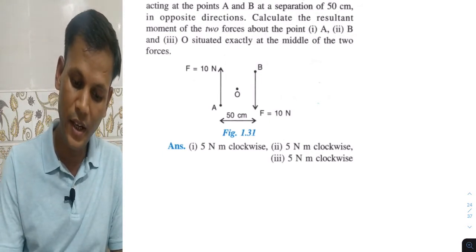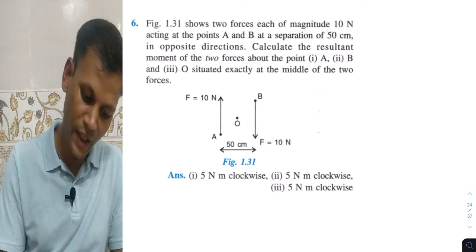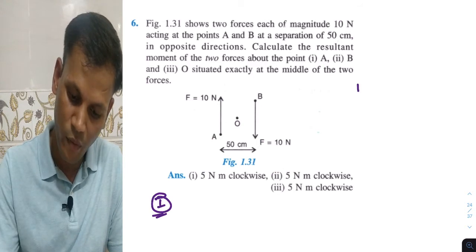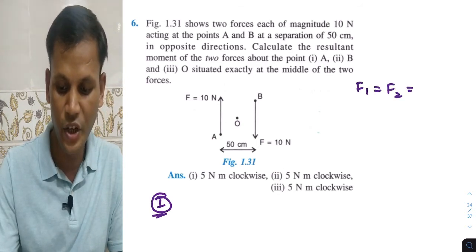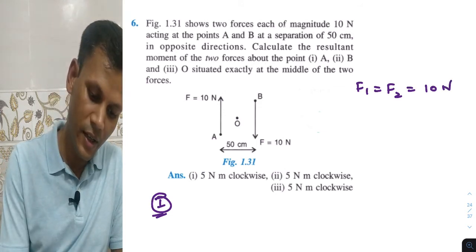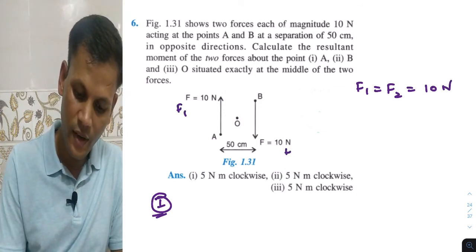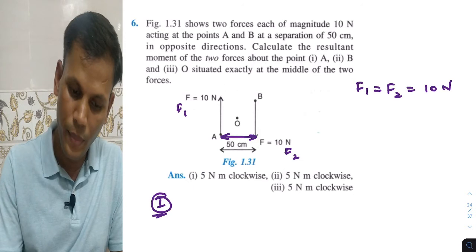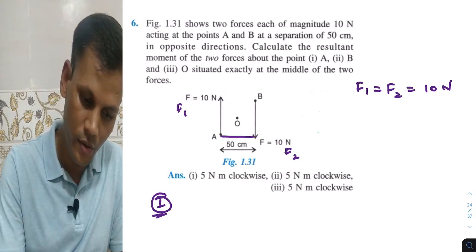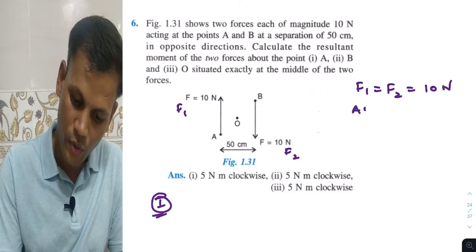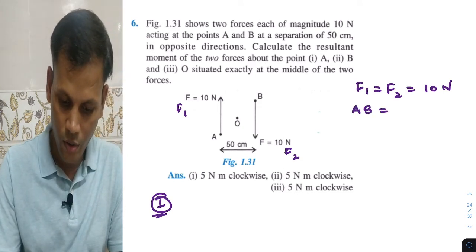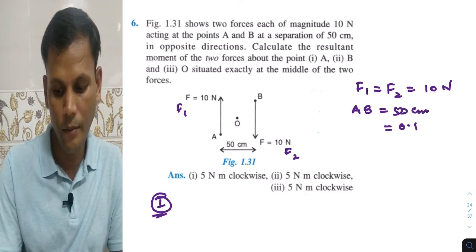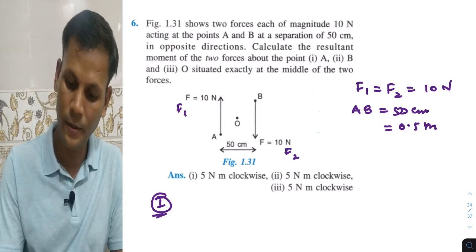For the first part, what information is given? F1 is equal to F2, that is 10 Newton each. And the distance between A and B, I will take AB is equal to 50 centimeter, which is 0.5 meter.